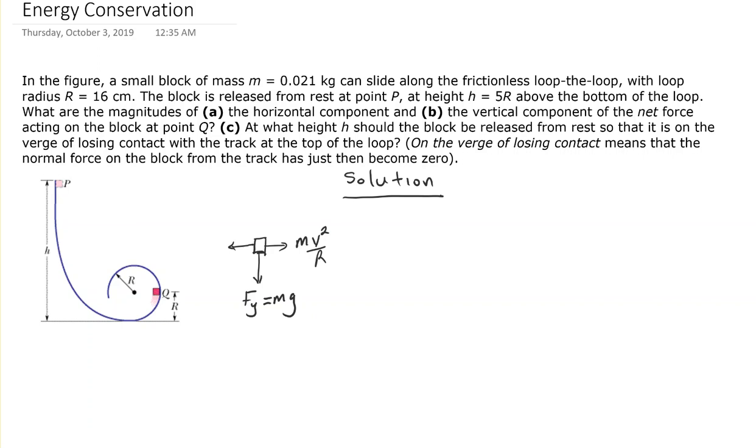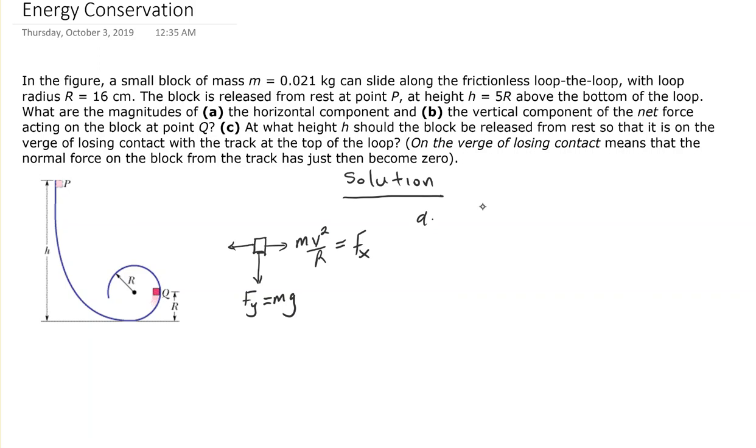So centripetal acceleration is v squared over r, times the mass will give you that force, and I'm going to call this Fx.